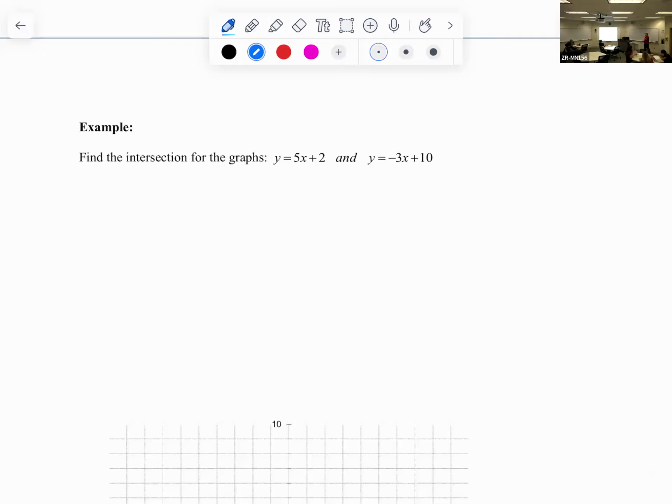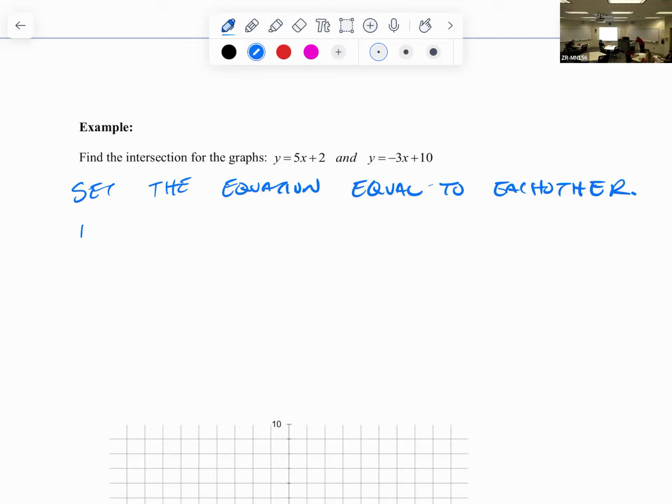So let's look at an example. I want to find the intersection point for these two equations. We're going to set the equations equal, basically set y equal to y.